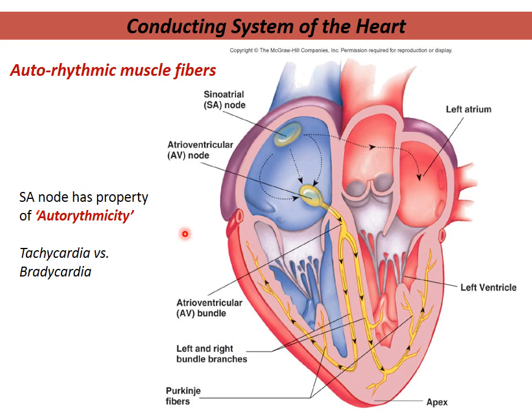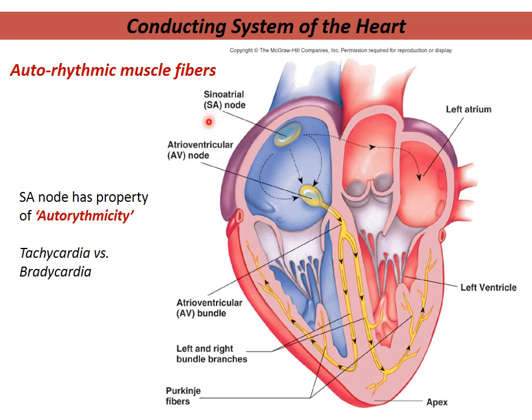They are able to generate an electrical impulse on their own, spontaneously, and they're important in setting the rate at which the heart will beat, as well as creating a pathway for these electrical signals to be transmitted to the atria and also to the ventricles during the cardiac cycle.